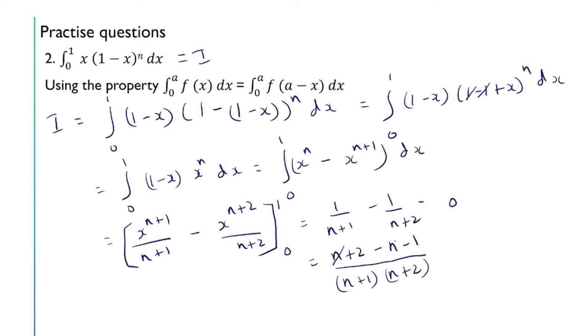So n and n will go, 2 minus 1 is 1. So this is equal to 1 by (n plus 1) into (n plus 2). So this is how we can use the property of definite integral and find the values of such integrals easily.